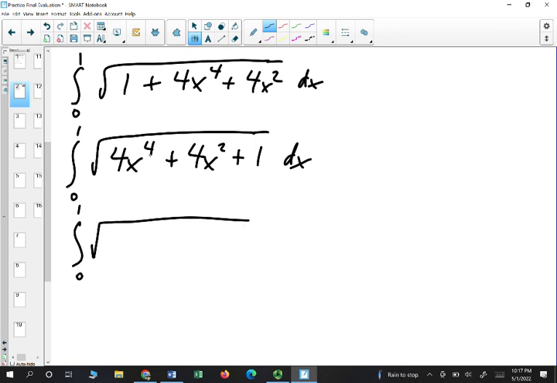Okay, so if we took the square root of 4x to the 4th, that would be 2x squared. Square root of 1 is 1. And then we have a quantity squared, and you can always double check that by FOILing it out. Okay, but this is what we end up with. And that works out nicely so that we can cancel the square with the square root.